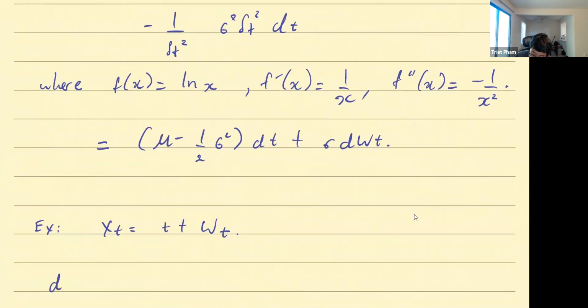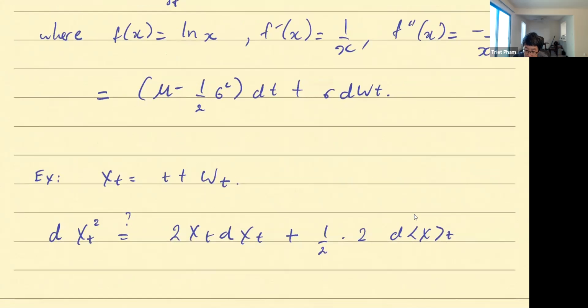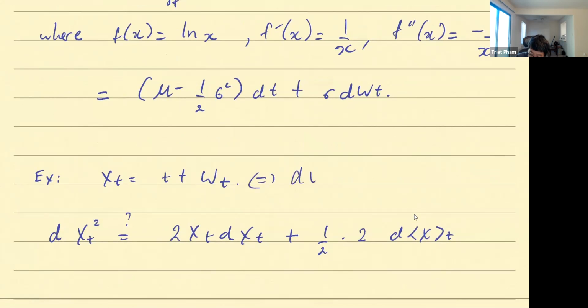What is, let's say, X_t squared? Well, d(X_t squared) will be 2 X_t dX_t plus 1/2 times 2 times the quadratic variation of X_t, where dX_t you can see from here is dt plus dW_t.